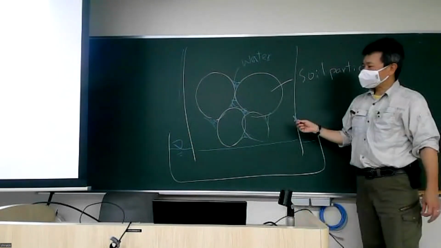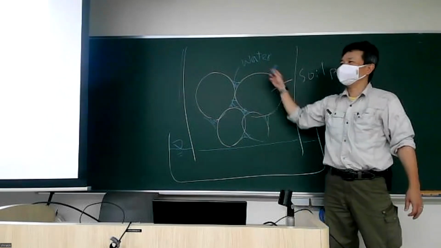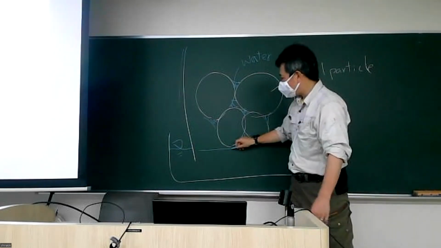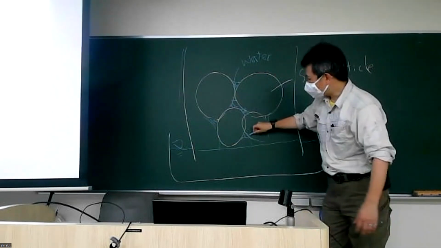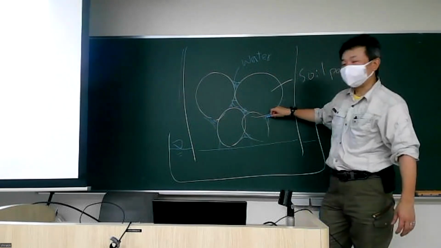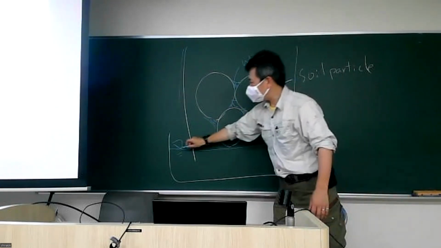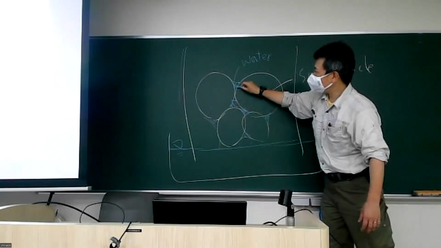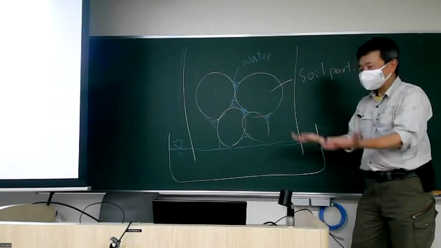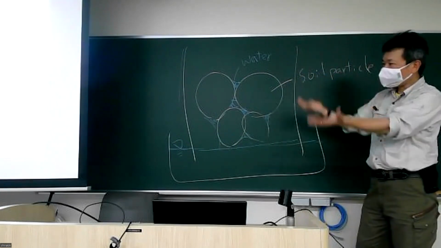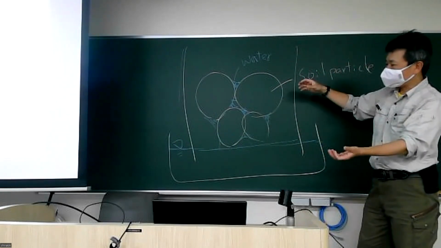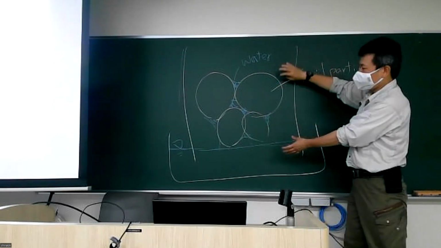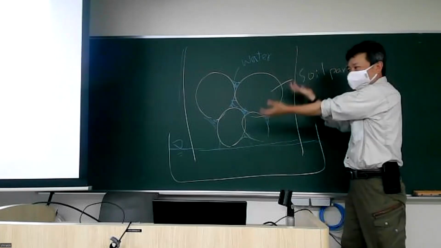You can see a little bit too big particle, but this is a small soil particle, and the water will go up because they like narrower space. So this is the water level, and this water is lifted or taken up, or we can say this water was sucked up by vacuuming or something.